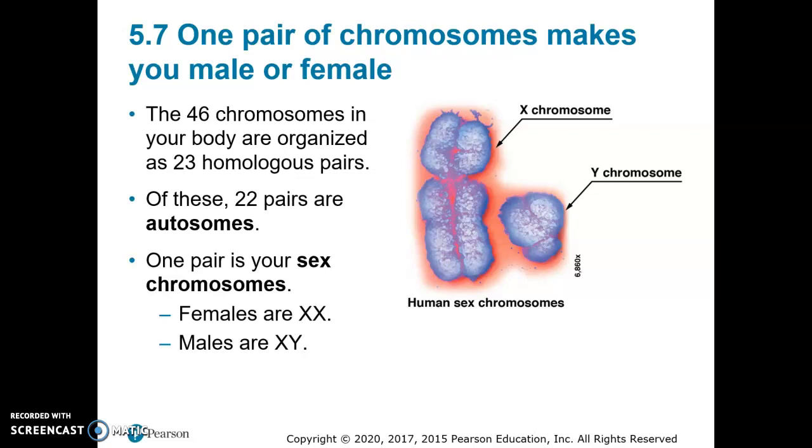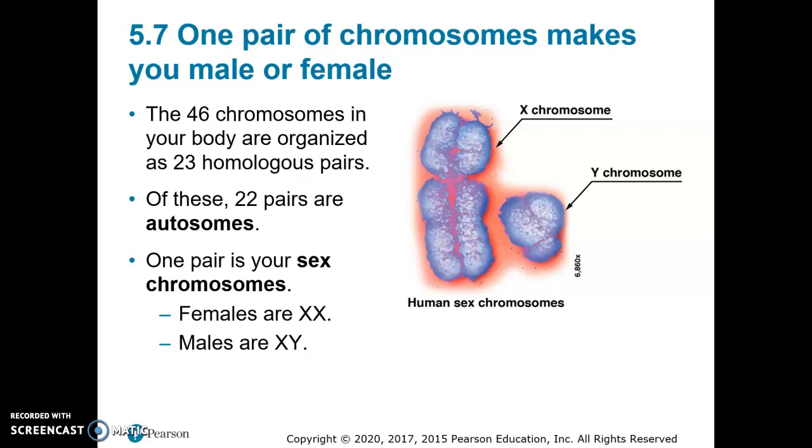If you take a look at the photograph of these sex chromosomes, it's really obvious that this is not a homologous pair. They clearly are not the same size. They are not the same shape. And they clearly do not contain the same type of genetic information.